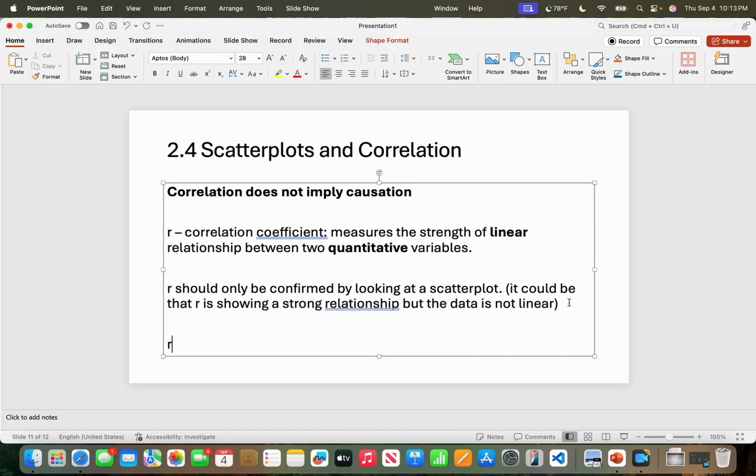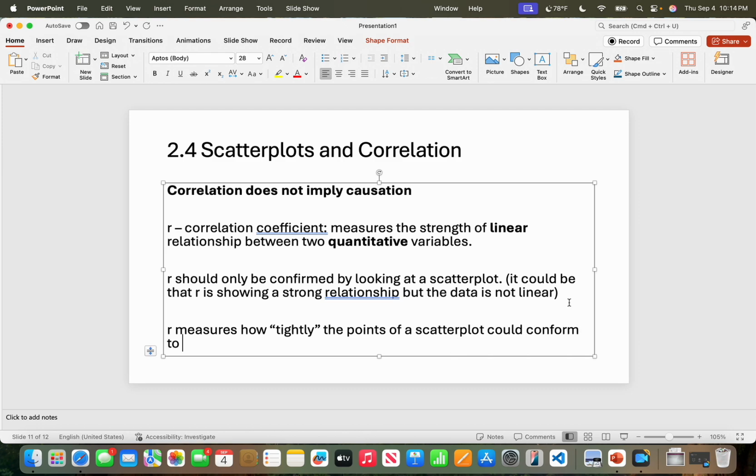So maybe let's write it this way, a little bit non-mathy. R measures how, we'll say tightly, the points of a scatter plot could conform to a, we'll say, special line which passes through all the data.